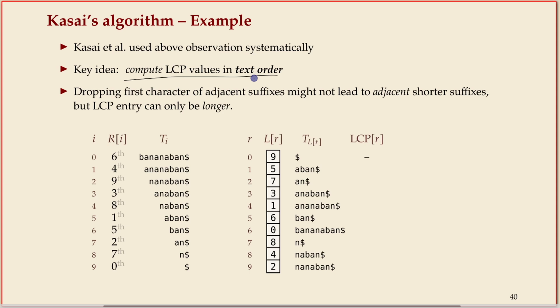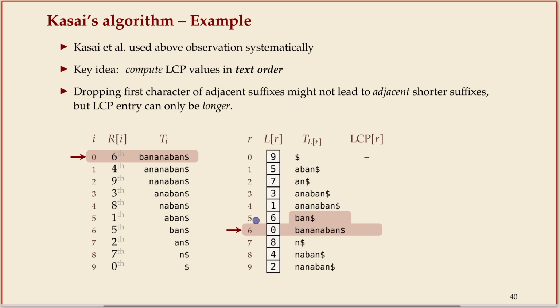So let me illustrate how this works on an example, and then we'll see the full code afterwards. We start with the longest possible suffix, the entire text. Now we find where this lies in the sorted order of suffixes. So we use our rank array to know the rank of this is 6. So I find it at position 6 in the sorted list.